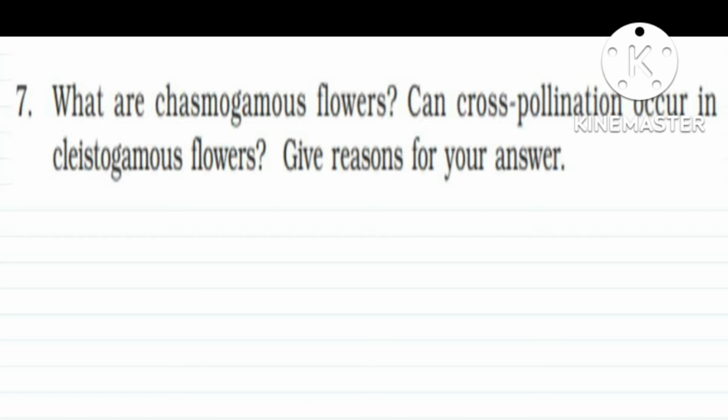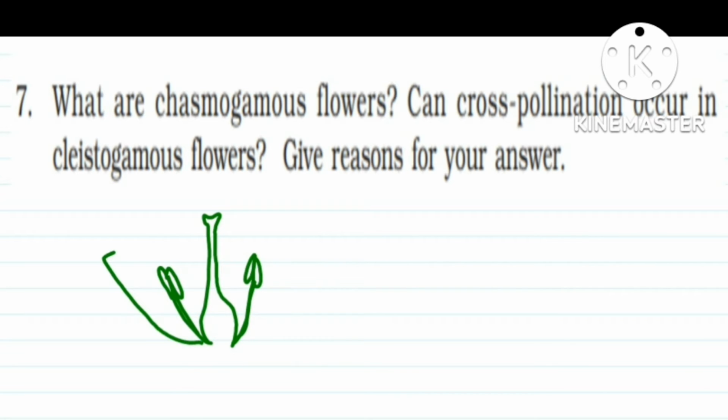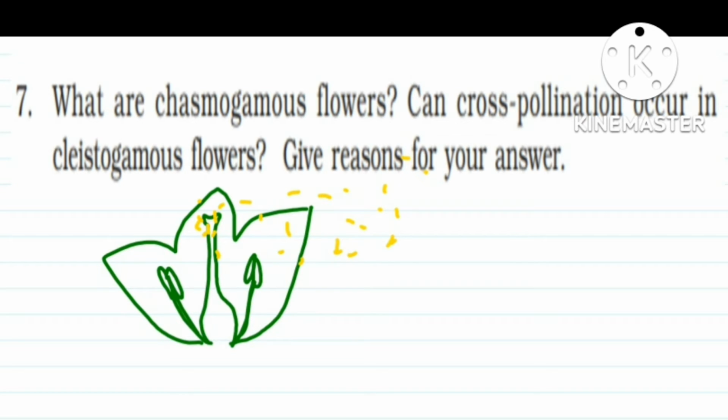Now Chasmogamous flowers are open flowers. So the petals are open like this, and so there are chances that pollen grains from neighboring flowers can come and fall onto the stigma of this flower. So cross-pollination can happen in Chasmogamous flowers. Now about Cleistogamous flowers. Cleistogamous flowers are closed.